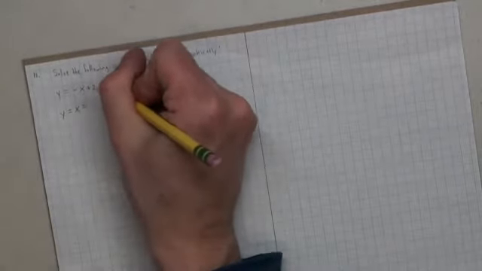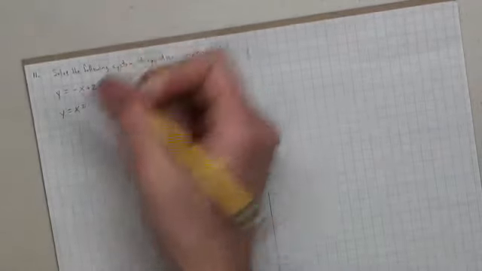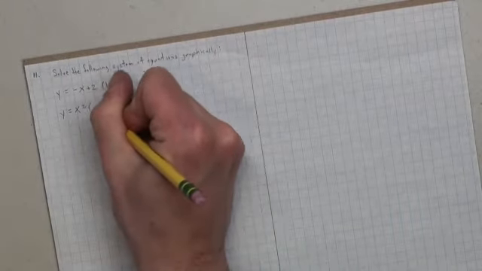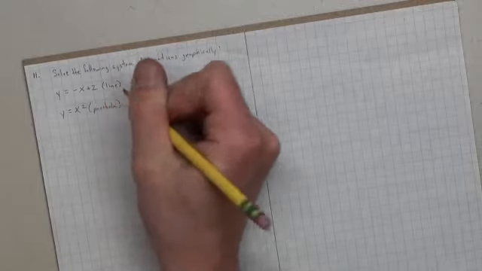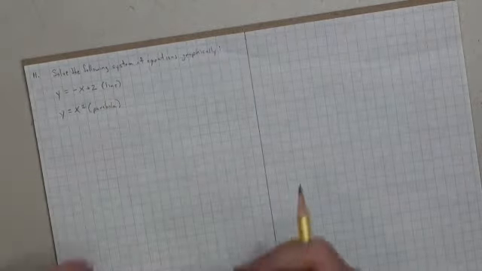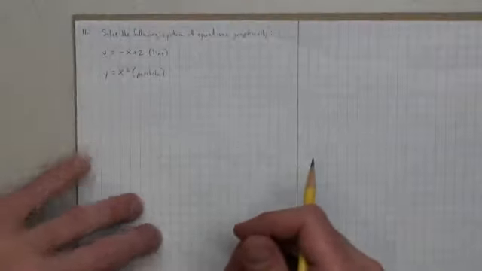That's it. So, the first one this time is obviously the line because nothing is squared. And the bottom one is a parabola because only one variable is squared.